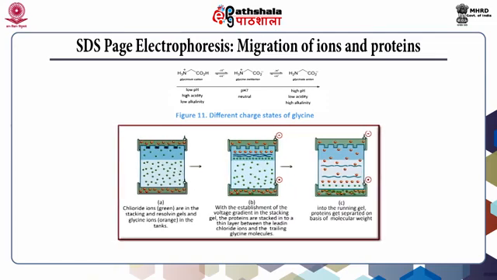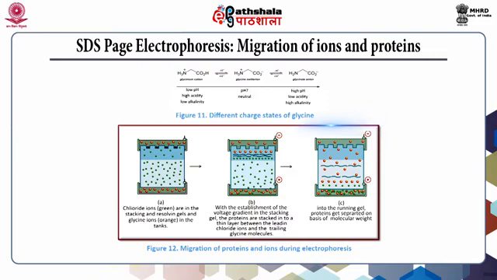The migration of ions and proteins during SDS-PAGE electrophoresis is explained below. At the start of SDS-PAGE protein electrophoresis, the chloride ions are in the stacking and resolving gel and negatively charged glycine is present in the tank. When the electric field is set up, the negatively charged glycine ions enter the stacking gel from the electrode tank buffer.